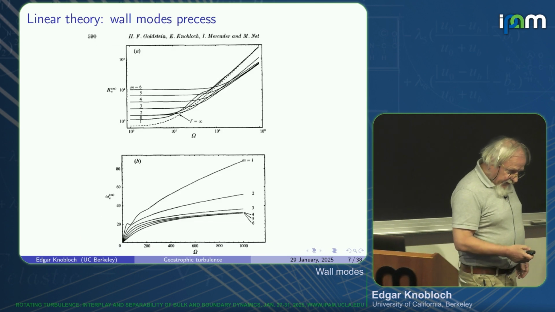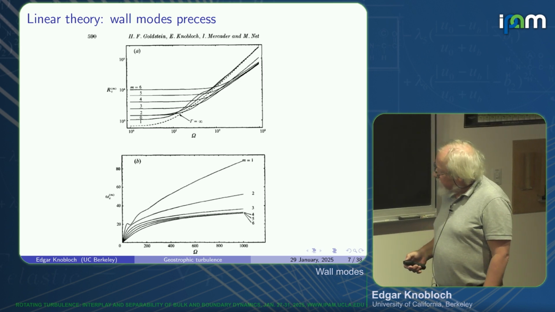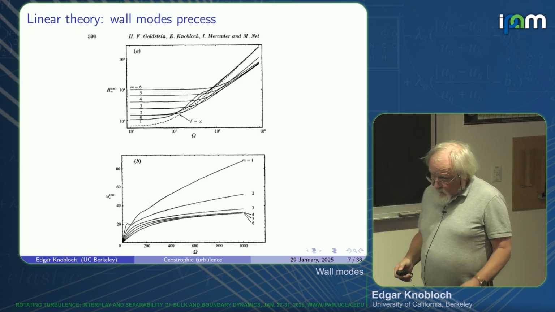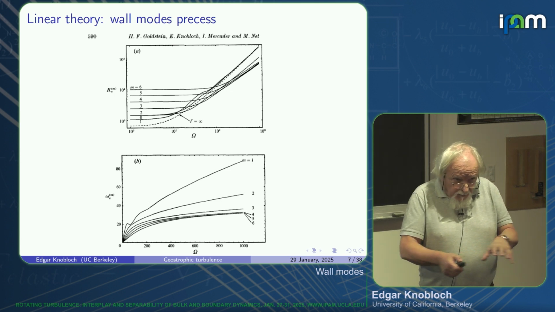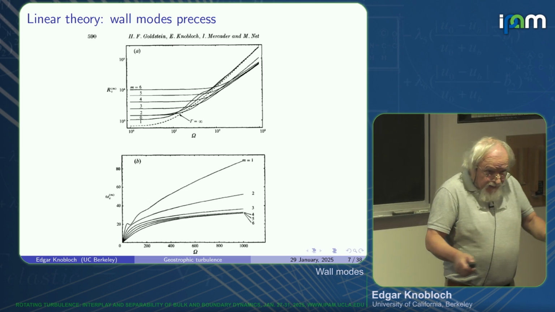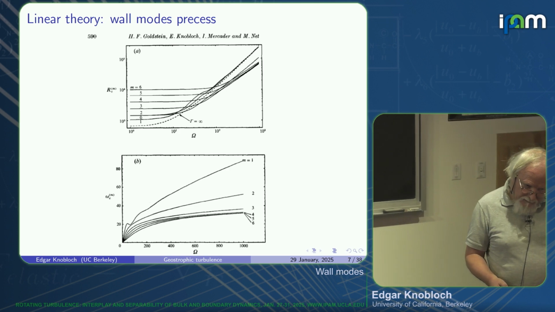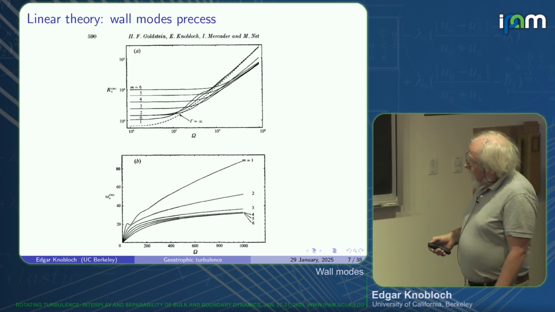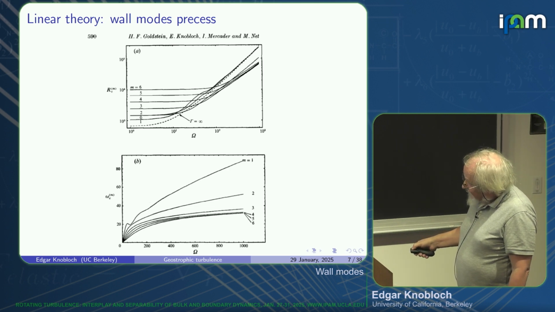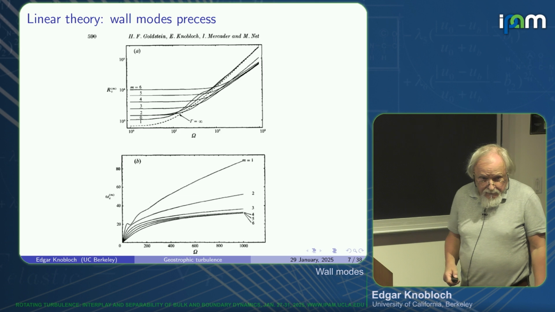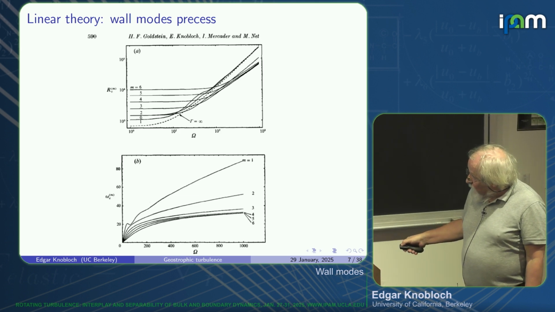So it's interesting, useful to look at these structures which are confined near the boundary, as you saw. Essentially, the interior of the cylinder is empty, right? So that's what we call these wall modes. And this shows the critical Rayleigh numbers as a function of the rotation rate for different mode numbers.